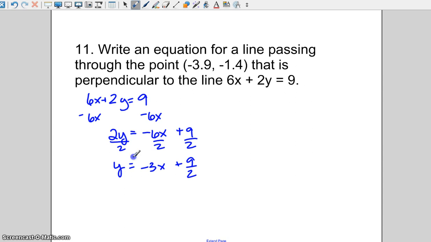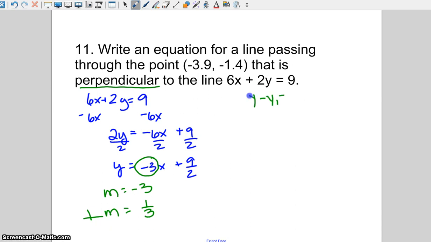Now we're really just interested in the slope of this line. The slope of this line is negative 3. We want the slope of a line perpendicular to it. So the perpendicular slope is going to be a positive 1/3. Take the reciprocal and change the sign. Now we can go back to y minus y1 equals m times x minus x1.